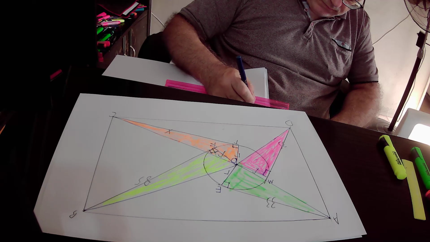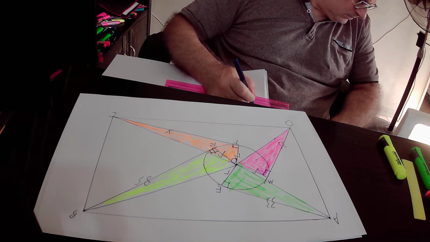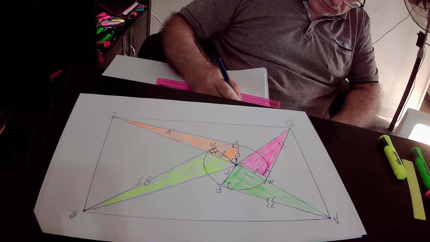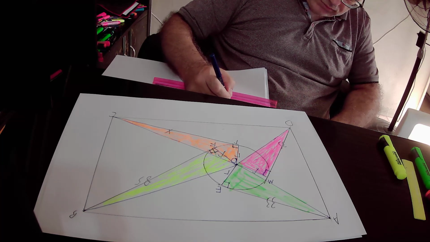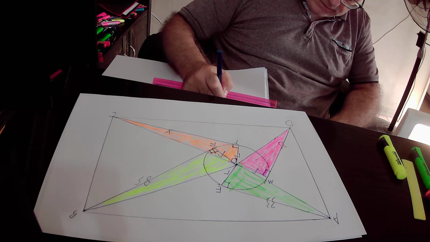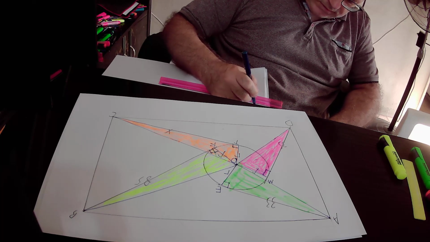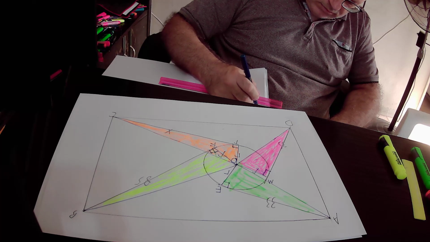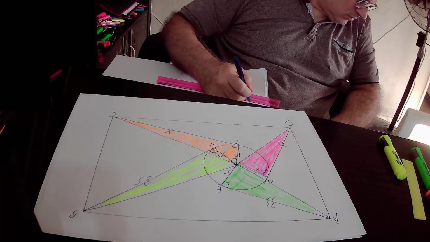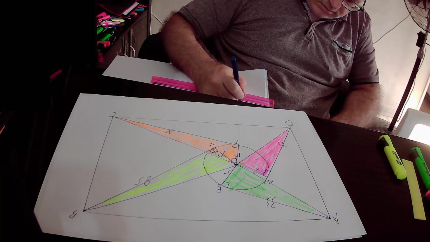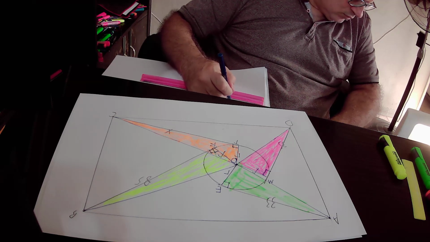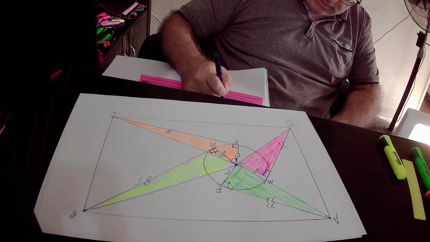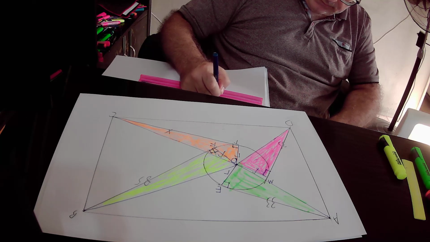According to equation number 3, OC squared equals R squared plus X squared. Finally, according to equation number 4, OD squared equals R squared plus 35 squared.